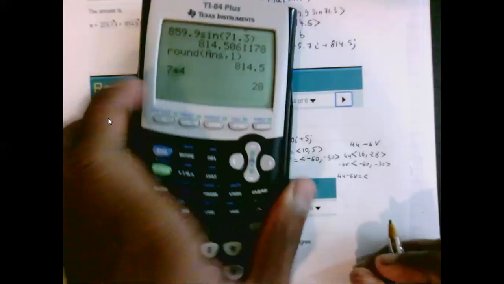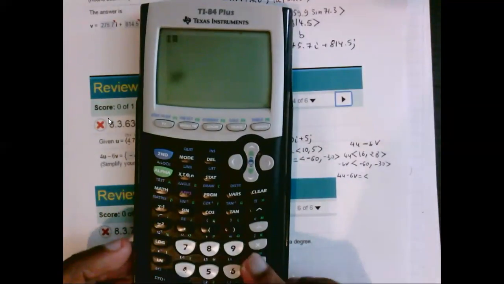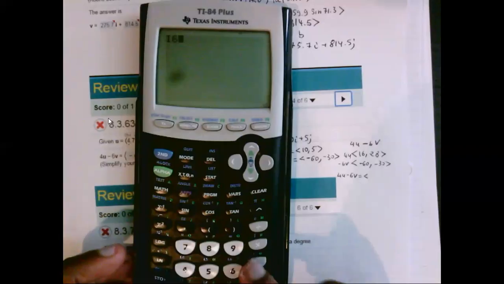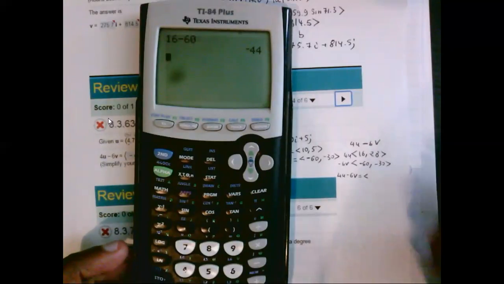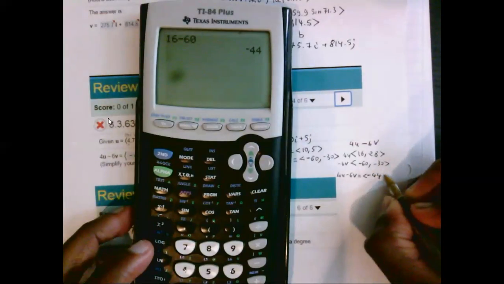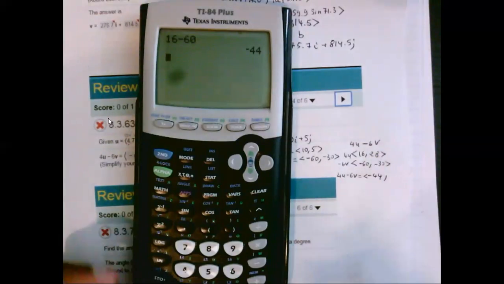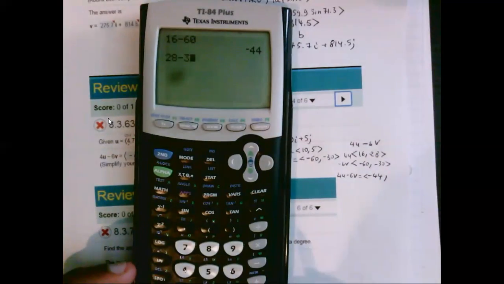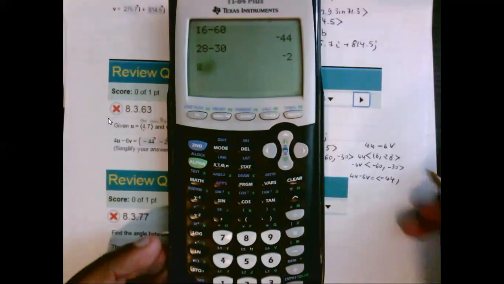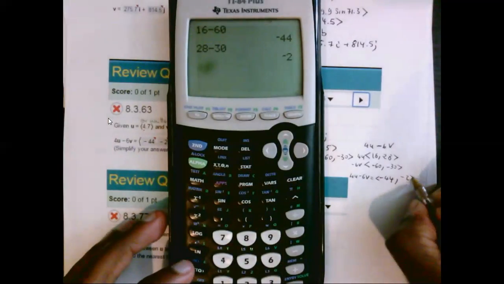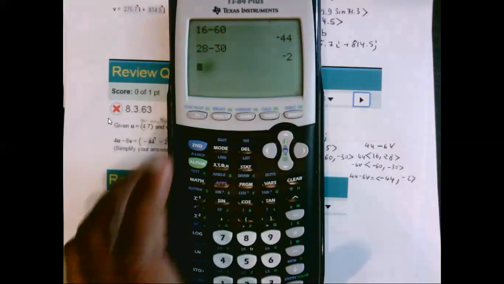So 16 minus 60 is negative 44, and then 28 minus 30 is negative 2, and that's my answer. So that's how you solve for this one.